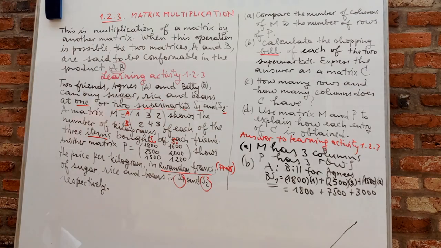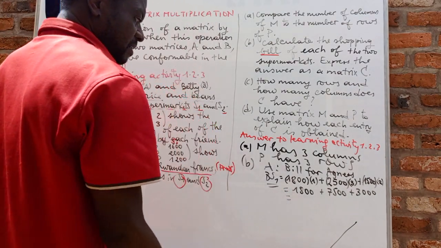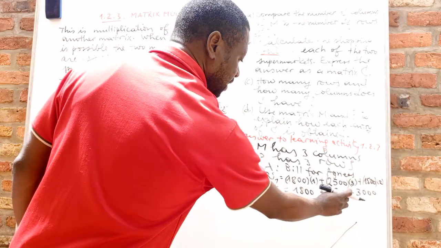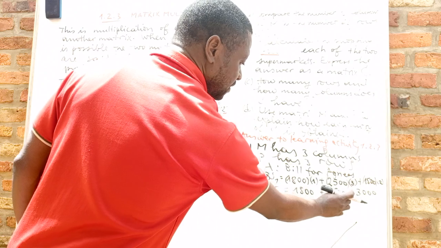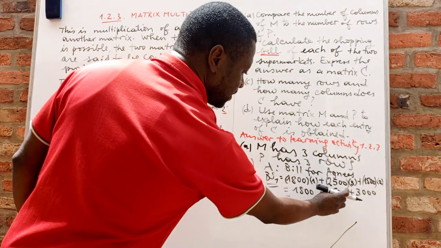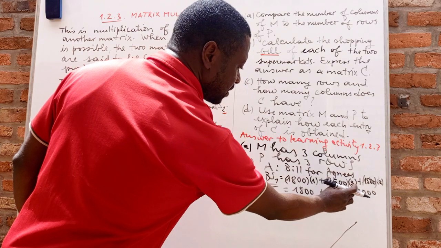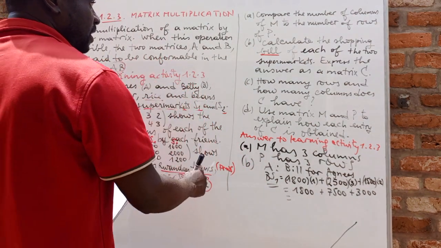Summing up, we have 10,500. So 10,000 and 500.